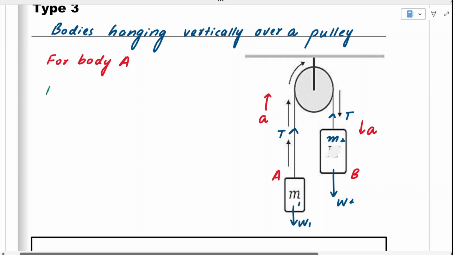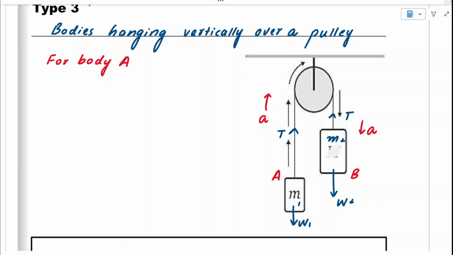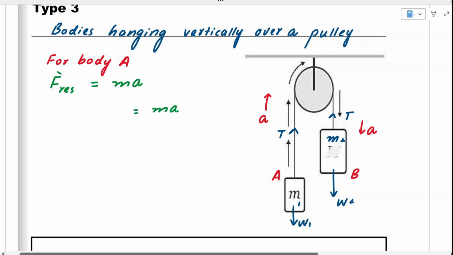We start off with Newton's law, which is F resultant equals ma. So ma as it is on the right side. But what is the resultant force on the side A? We have T minus W1, because the object is moving upwards.